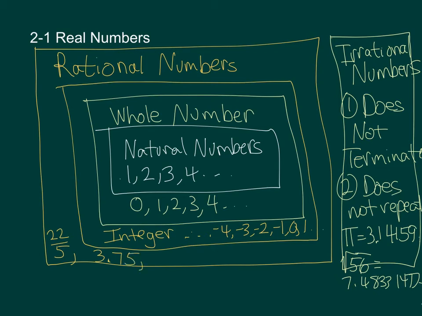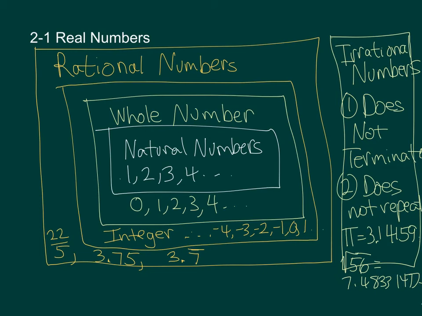It could be a decimal that has a repeating pattern, like 3.7 with a bar on top to show that it repeats. And of course, it can be all those things that we already mentioned inside rational numbers, like the natural numbers, the whole numbers, the integers. Okay, so that is basically the lesson. This is a review from last year, so hopefully it won't be too bad.